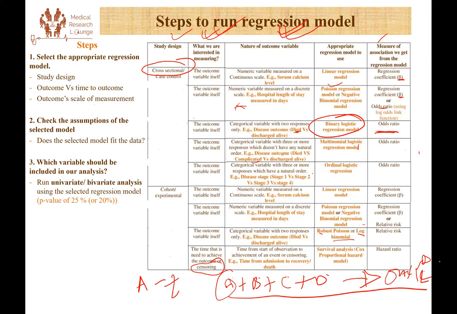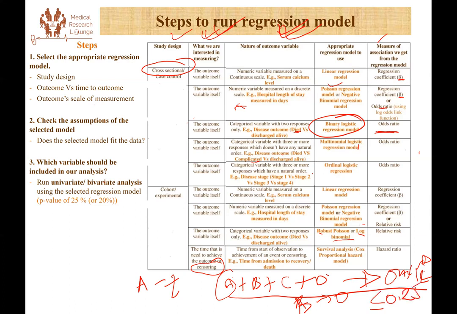The first one is statistical method. We run univariate or bivariate analysis using the selected regression model. That means we run the regression model by using A with the outcome, B with the outcome, one by one independently, one-to-one analysis. We just run that and we will see if the p-value is less than 0.2 or 0.25.